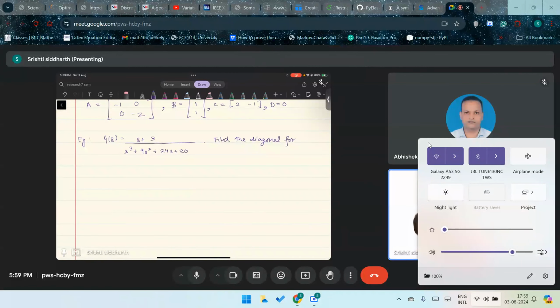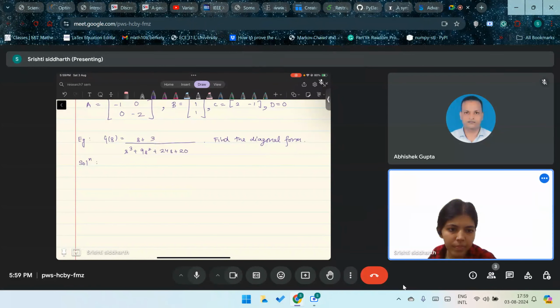Okay, so find the diagonal form. So we will have to find the roots of the denominator polynomial. So let's see.